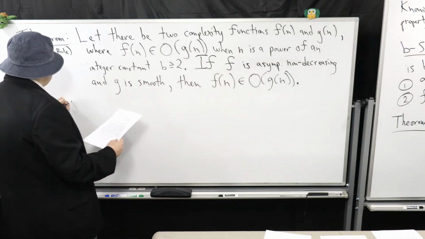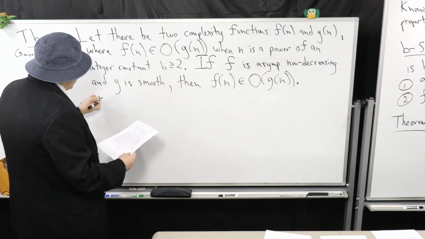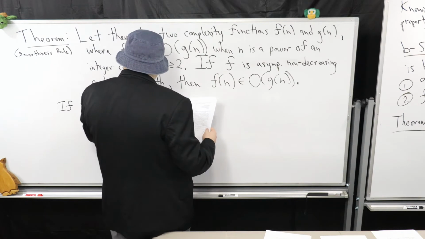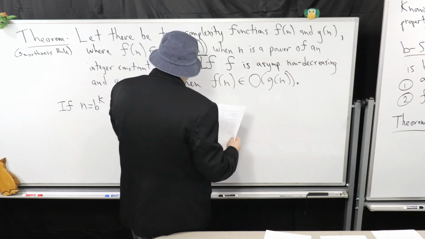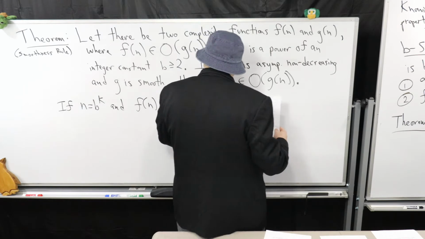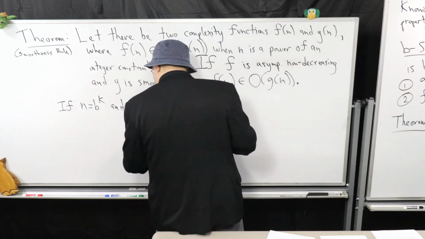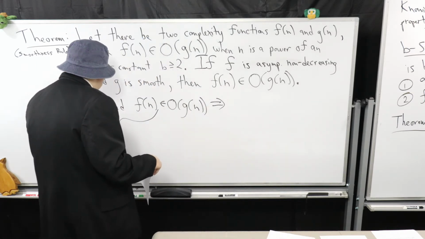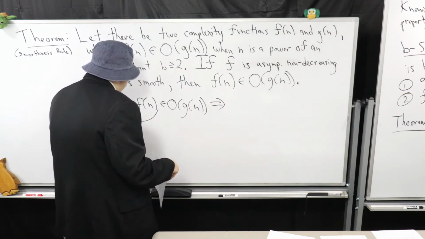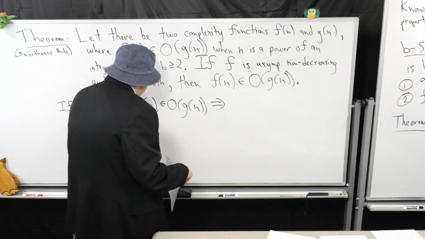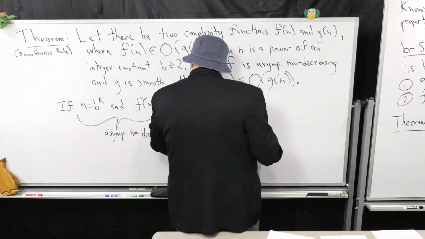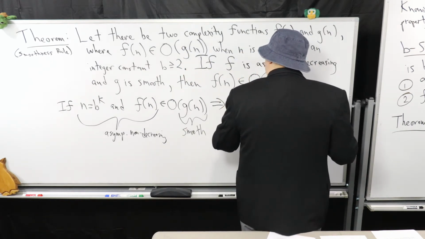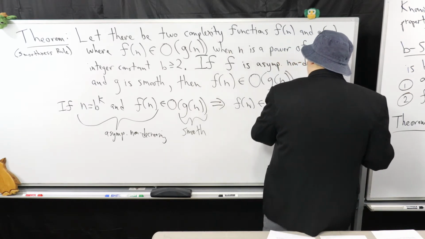If n is like b to the k, and I show you that f of n is big O of g, all this is really saying is, if you assume both of these, in particular that f is asymptotically non-decreasing, as long as g is smooth, then you can simply say f of n is big O of g of n.